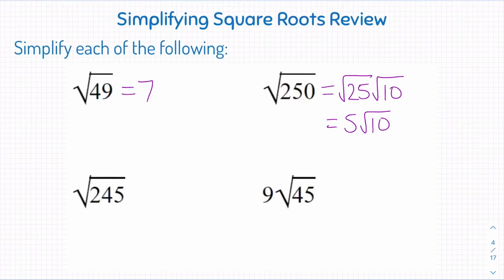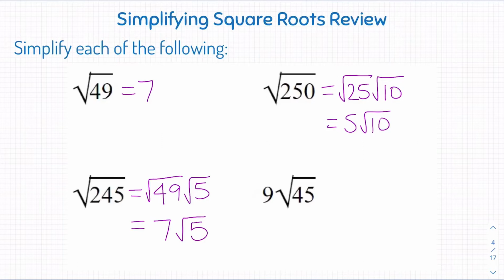In this third example, though, you might not know what the biggest perfect square is that goes into 245. If you don't know, you're going to want to start dividing out until one of those perfect squares divides in evenly. In this case, 49 goes in here 5 times. And so it simplifies down to 7 radical 5.